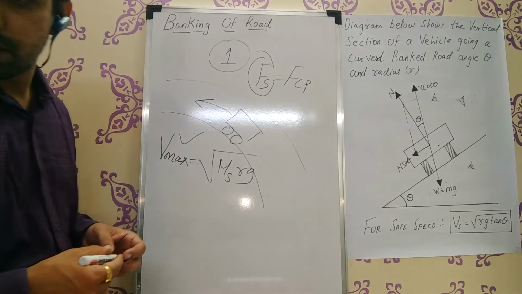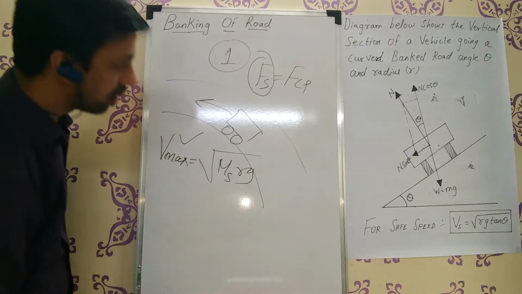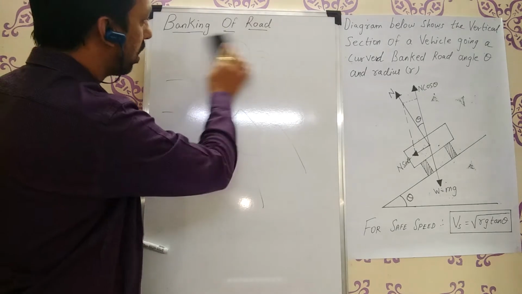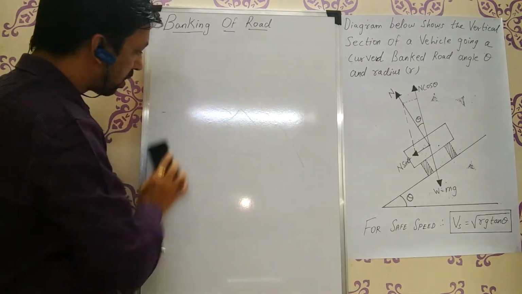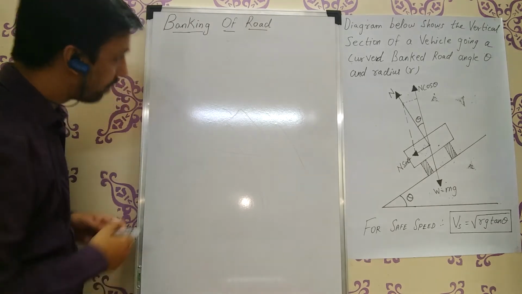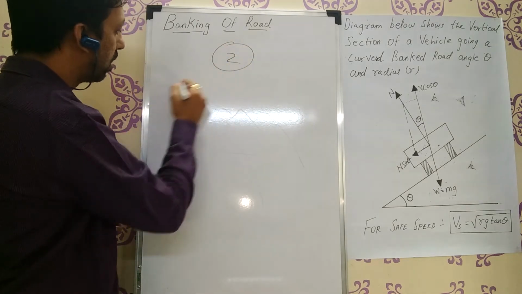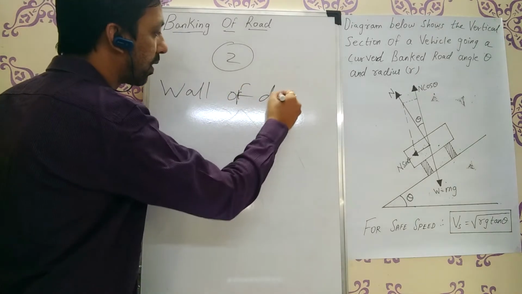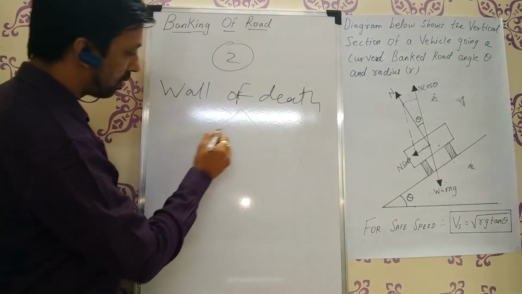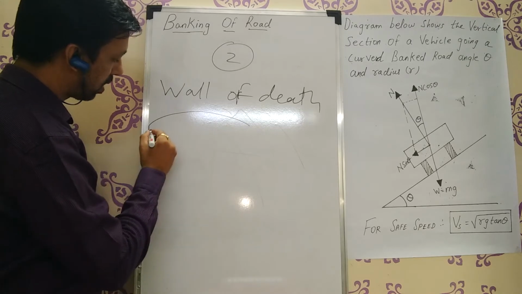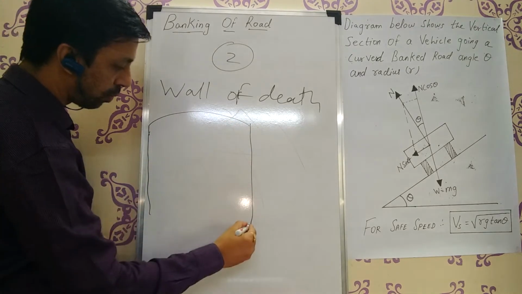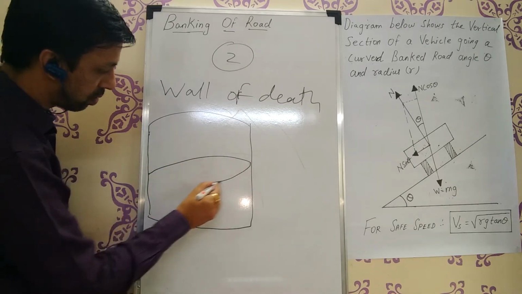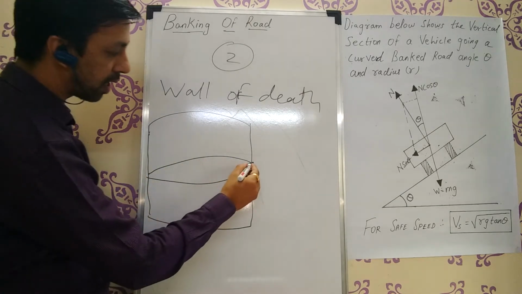In the second application, we saw the wall of death. In the wall of death, there is one cylindrical object like this, and it was drawn in this particular manner.